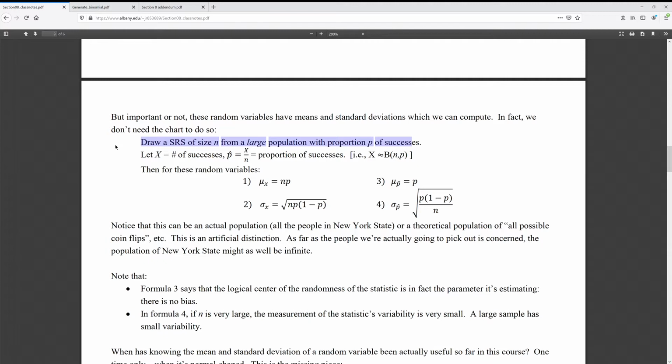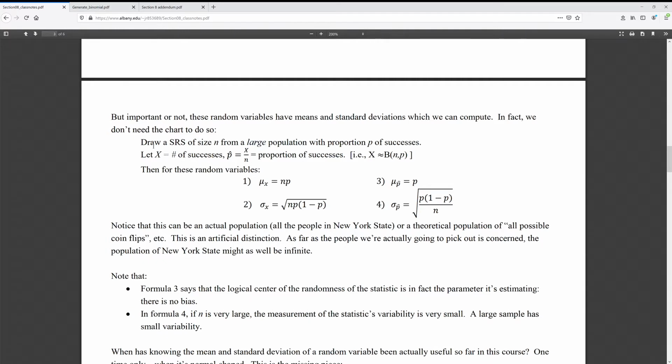Or you can pick 100 flips of the coin from the population of all possible flips of the coin, and the probability of a head is 0.5, right? So some populations are a little more theoretical than others, but that's okay. Whether it's hundreds of millions or a theoretically infinite number of possible flips of a coin, it's still a lot more than we're ever going to pick or do.